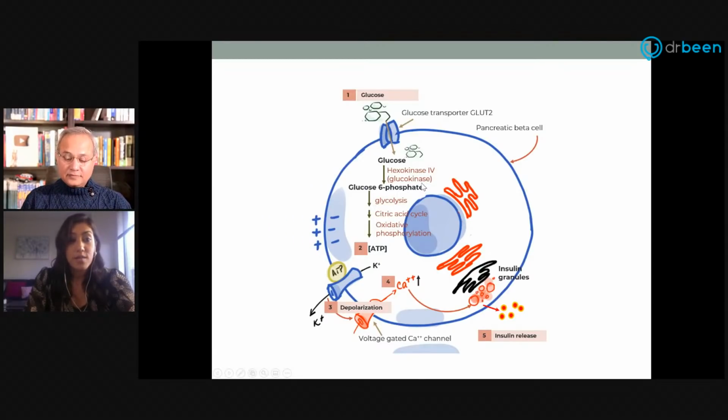Because it has a low affinity, and since elevated glucose 6-phosphate serves as an insulin release signal, this is a rate limiting step. So insulin is only released when blood glucose levels rise above normal fasting levels.